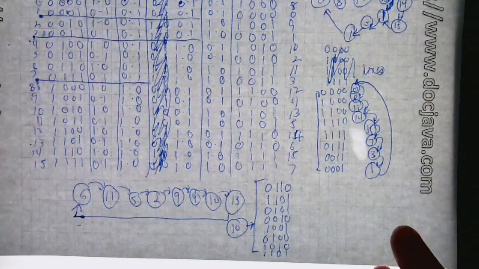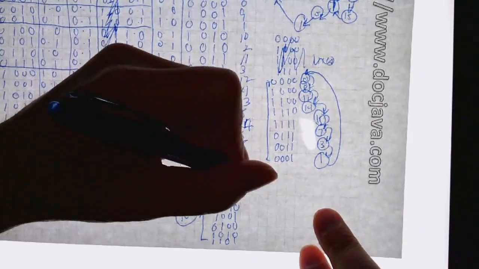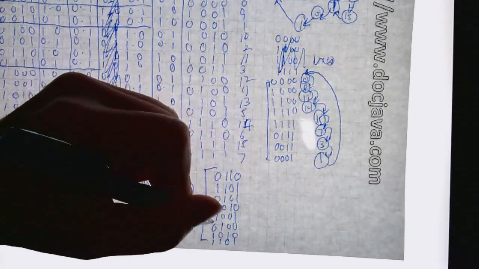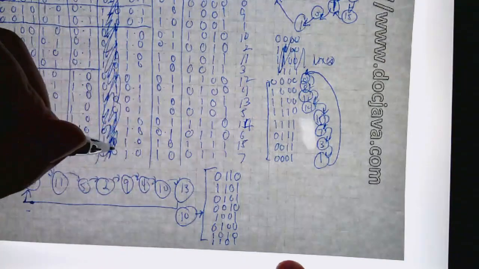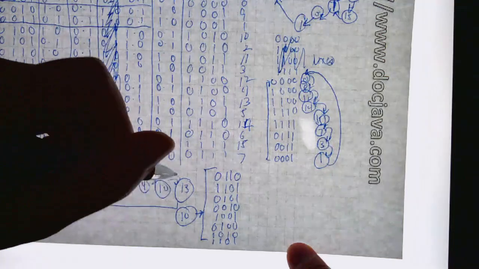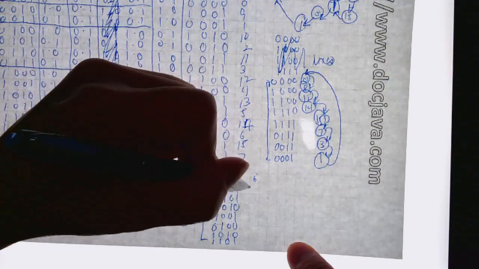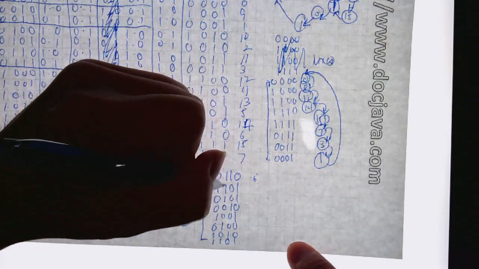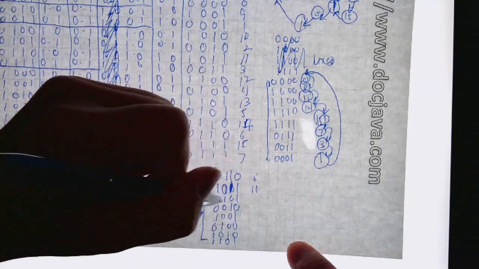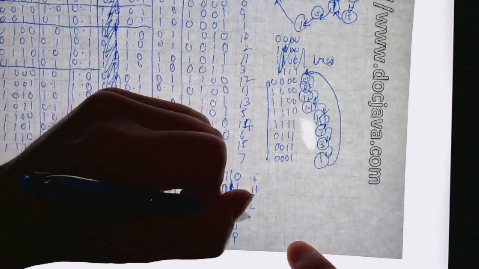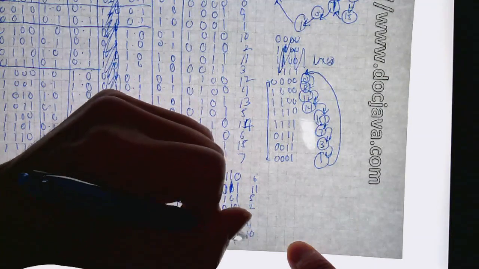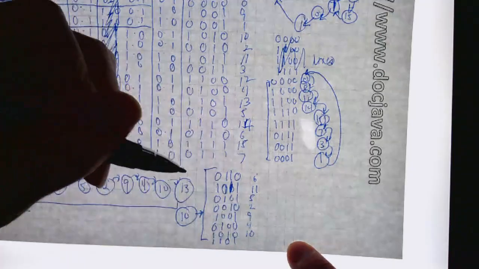Could be. Yes, it is. Where did we get? 6, 11, 5, 2, 9, 4, 10, 13.